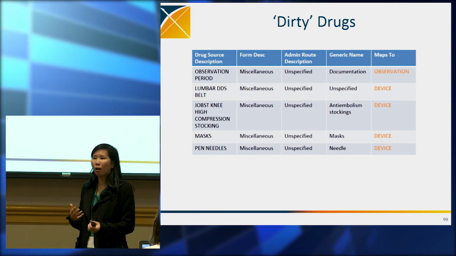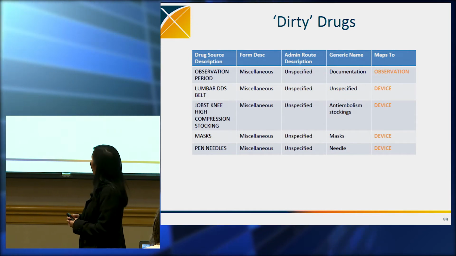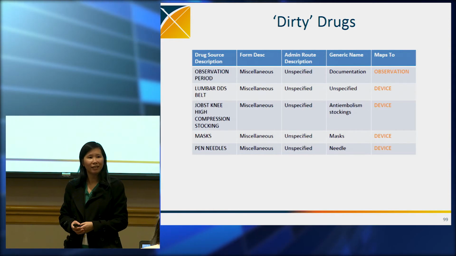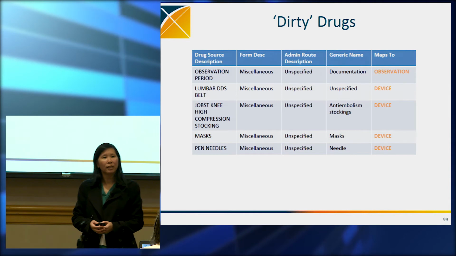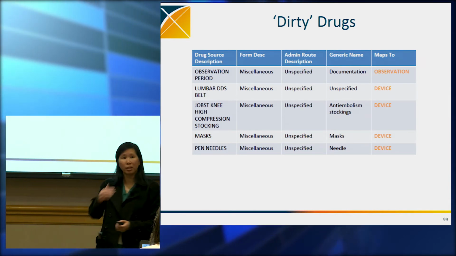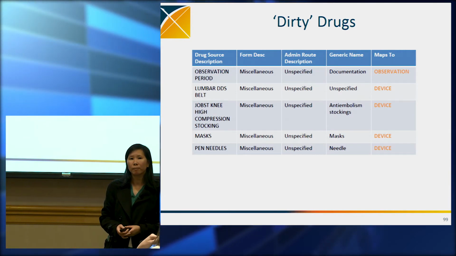Those are all considered devices in the OMOP vocabulary. Are they different than medical devices or implantable devices? Is a device just something that's not a medicine? Yes, it can be medical devices or other types of devices. I think they're referred to as durable medical devices.